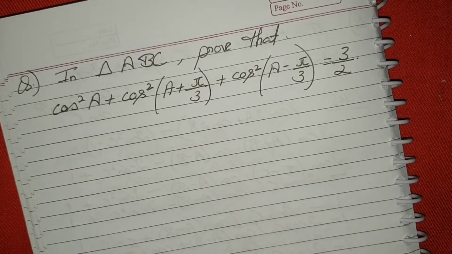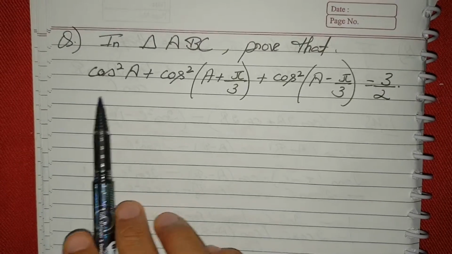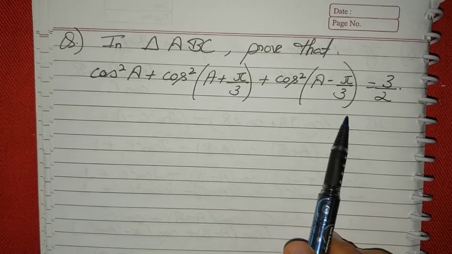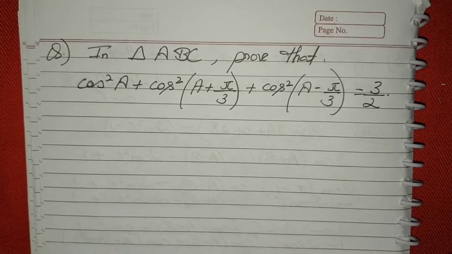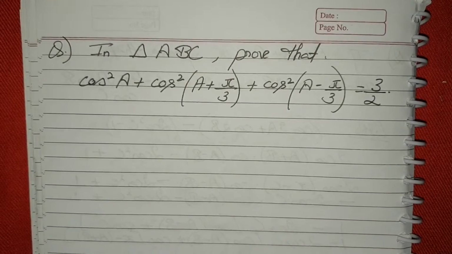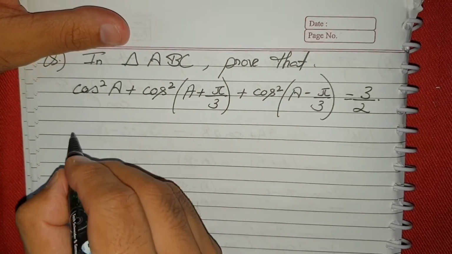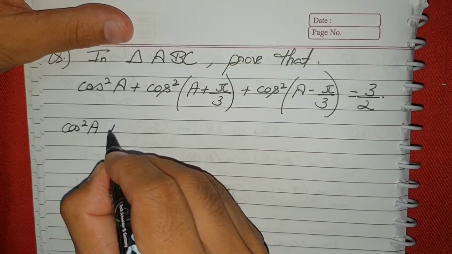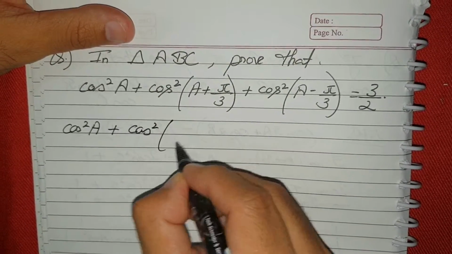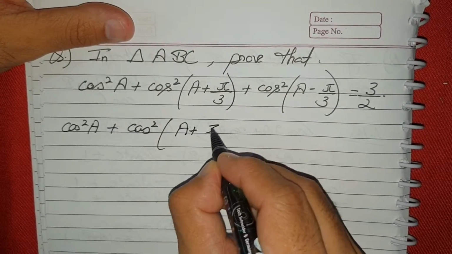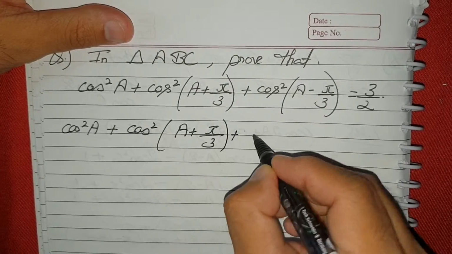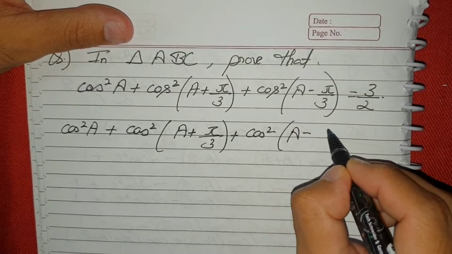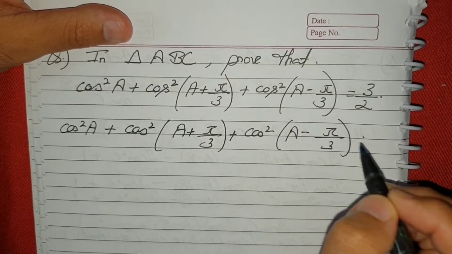Now see, in triangle ABC, you have to prove that cos square A plus cos square (A plus pi by 3) plus cos square (A minus pi by 3) equals 3 by 2. Okay, so starting with the LHS only. This is cos square A plus cos square (A plus pi by 3) plus cos square (A minus pi by 3).